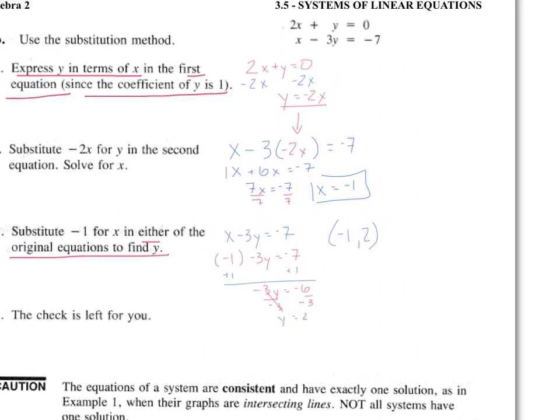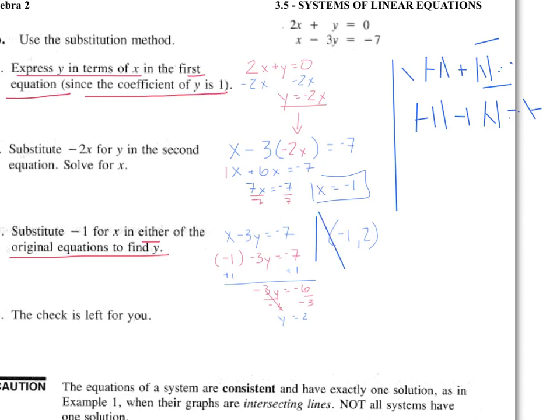We'll just come up here, and I will do that up here. So 2 times -1 plus 2 equals 0. That works. -1 minus 3 times 2 equals -7. That works also. So we're good to go. This is indeed our solution.